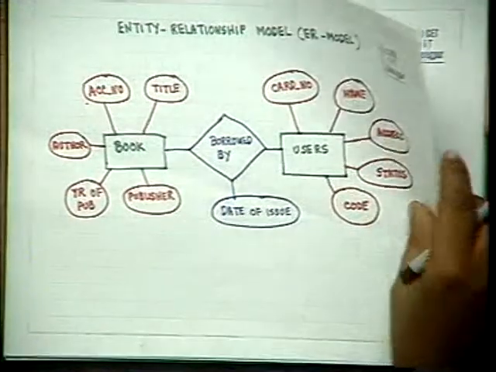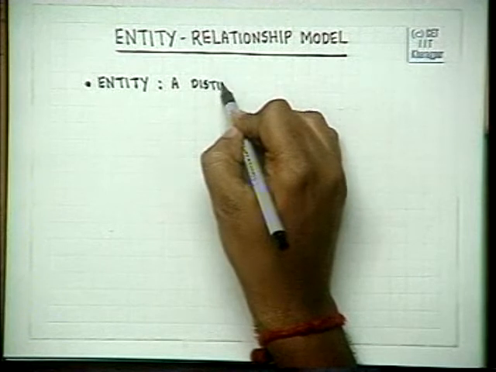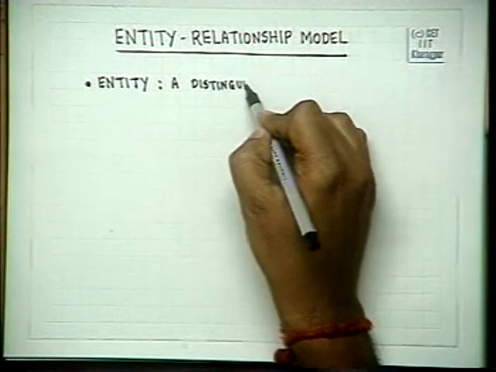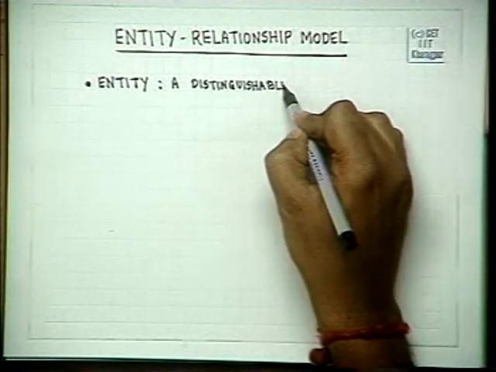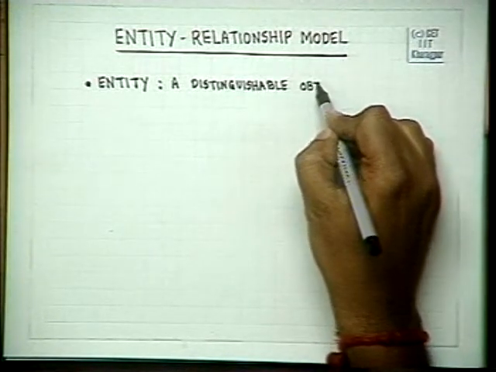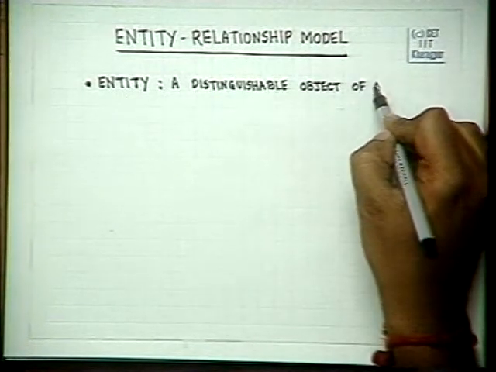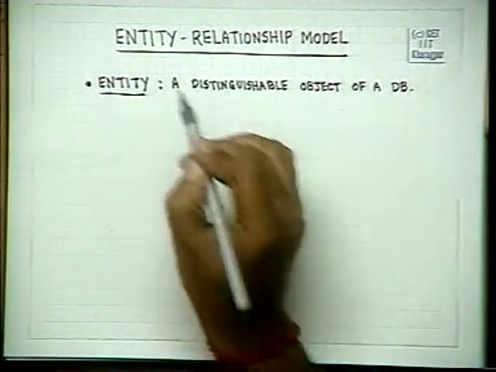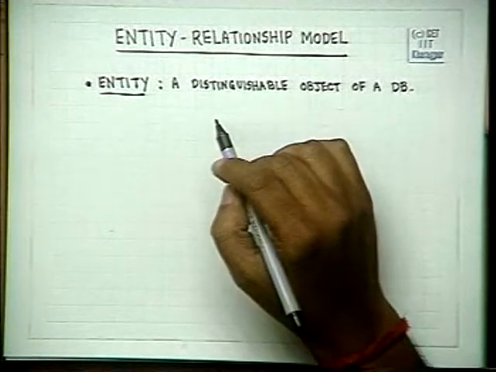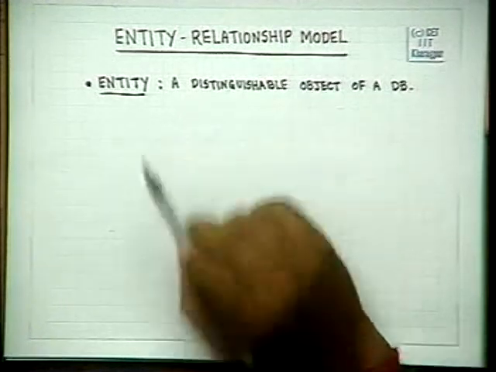So, an entity is a distinguishable object of a DB. The definition is still quite vague, and we will elaborate slowly as to what it actually means.